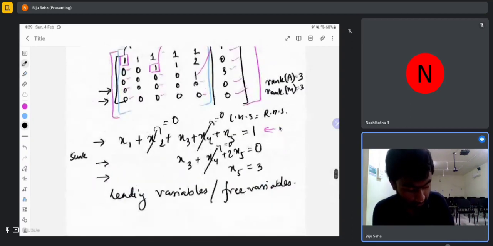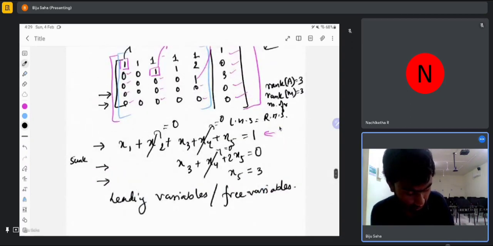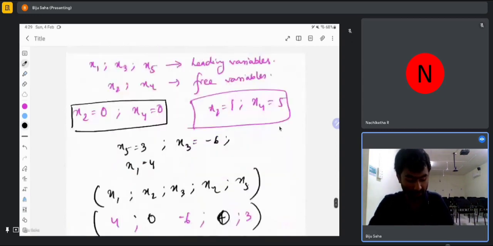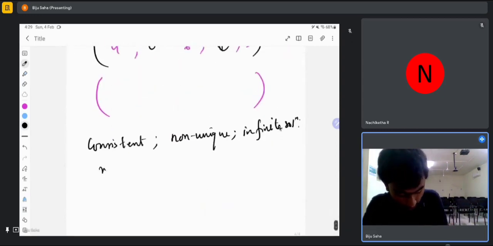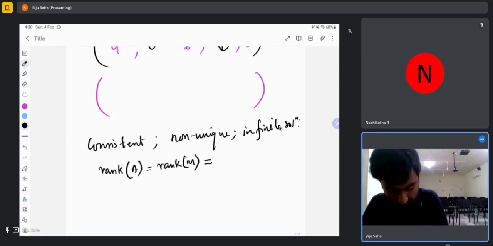But the number of variables is 5. So when you compare them, we can write it in a form like: when the rank of the augmented matrix is equal to the rank of the coefficient matrix, but it is less than the number of variables.